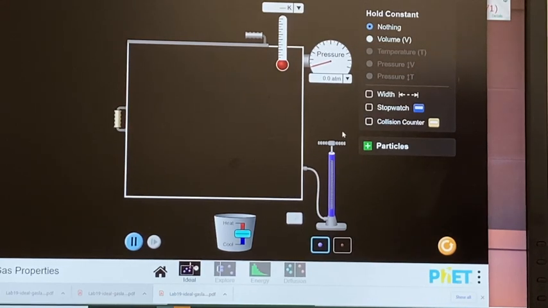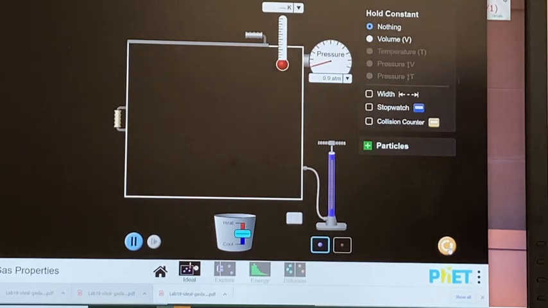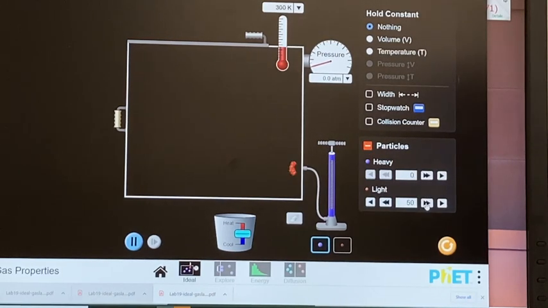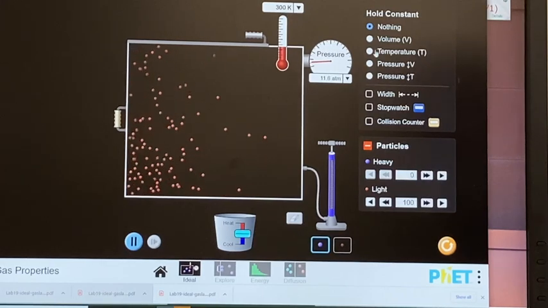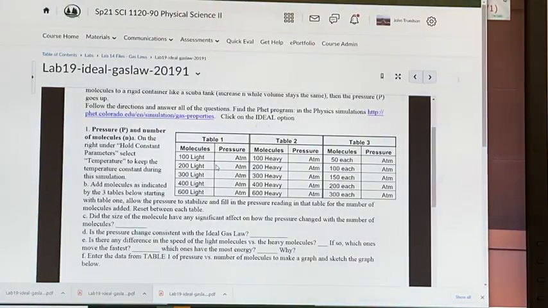We need to put in 100 light molecules. We're going to keep temperature constant, so you have to put in the particles first. So we're looking at 100 light molecules, and what is the pressure, with the temperature being constant?